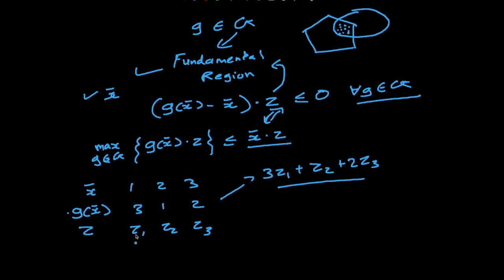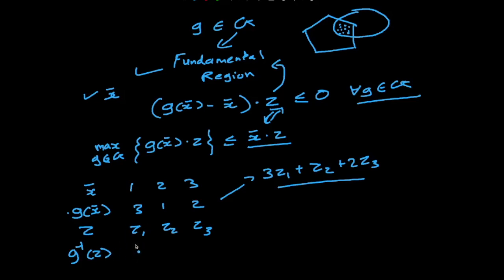But we can get it in a different way also. We permuted the elements of x bar, but we can also permute the elements of z. Let's say I pick the inverse permutation, g inverse of z. How does that look?